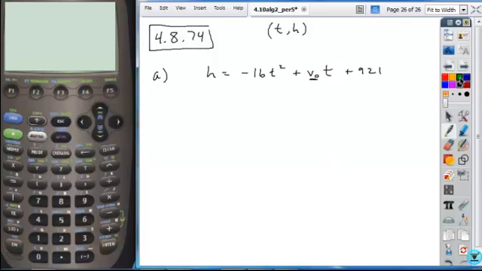In order for us to do that, we can't have this equation written in two different variables, h's and t's. So we need to get rid of one of them, the v0's or the t's.